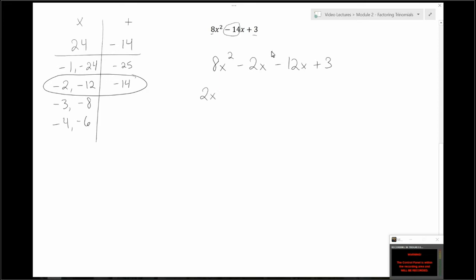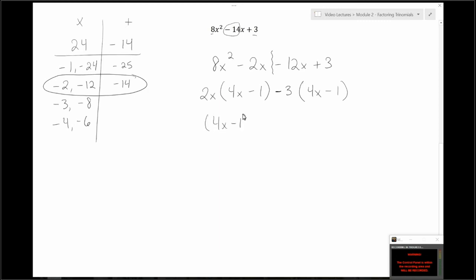I'll take out my GCF, which in this first pair is going to be 2x, and that'll leave 4x minus 1. Now again, I want my second pair to give me a 4x minus 1, so I'll take out the GCF negative 3, which leaves 4x minus 1 again.